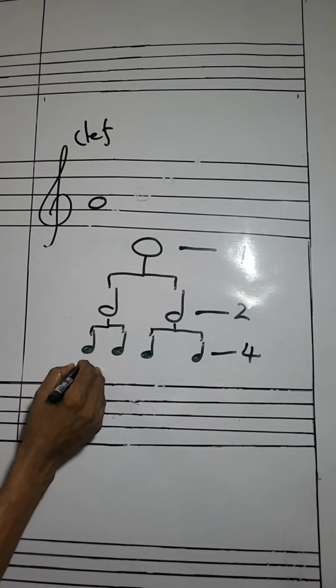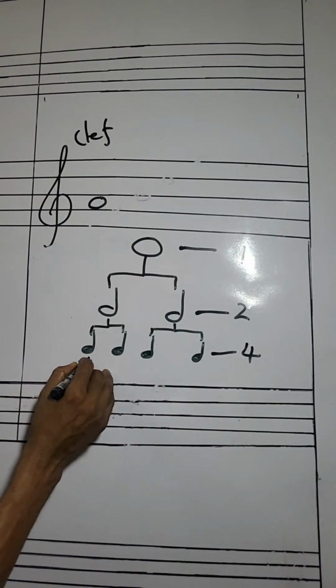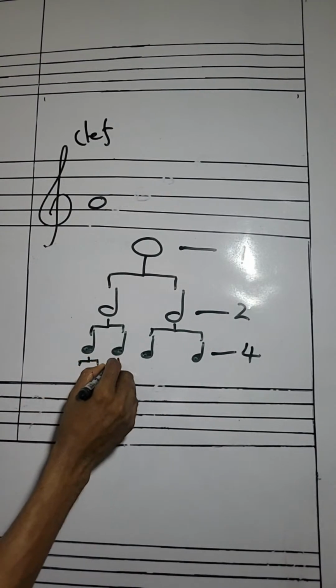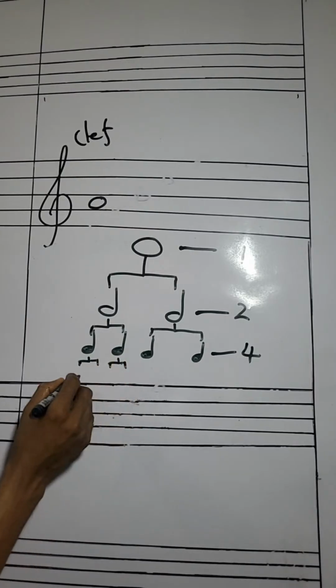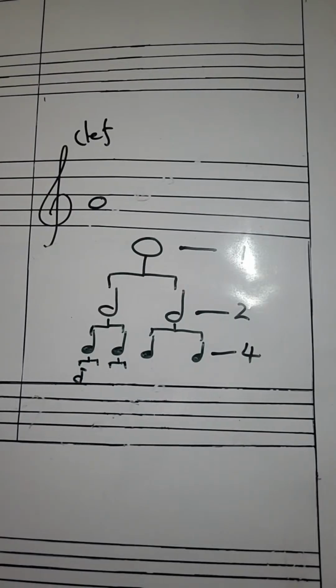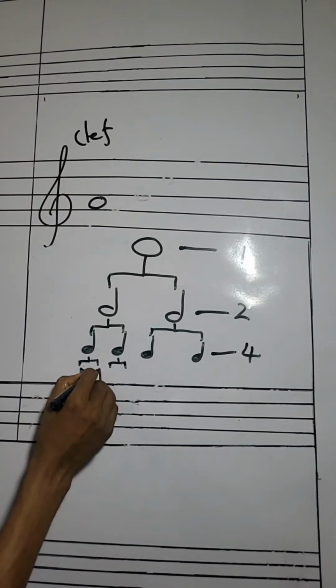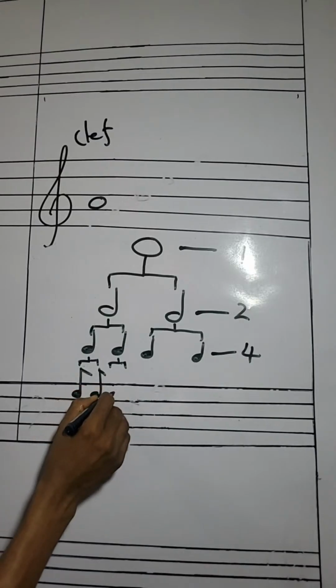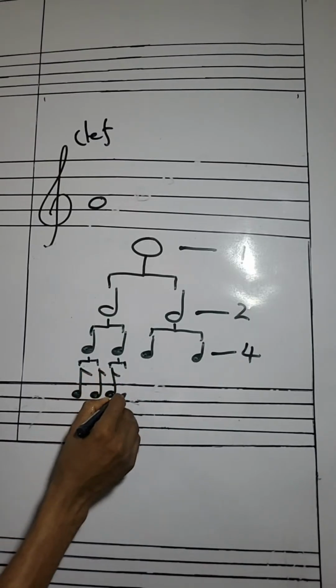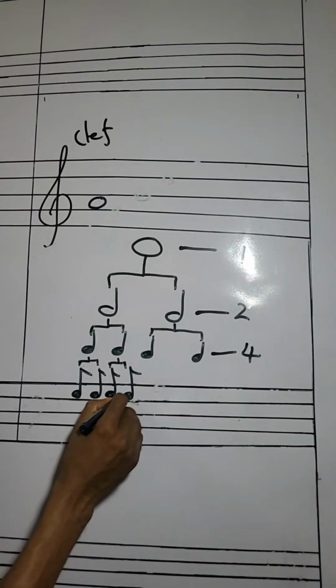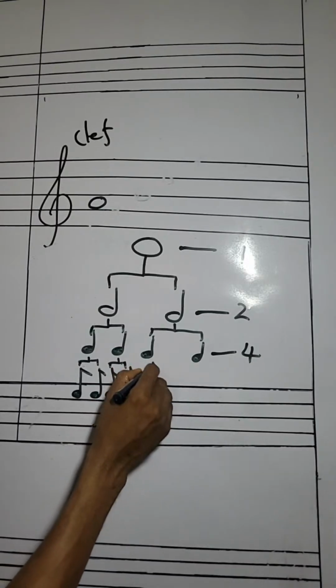Let me bring it down so we can get it very well. 1 quarter note is going to give us 1 crotchet. So you can see here, we already have 4 crotchets there.